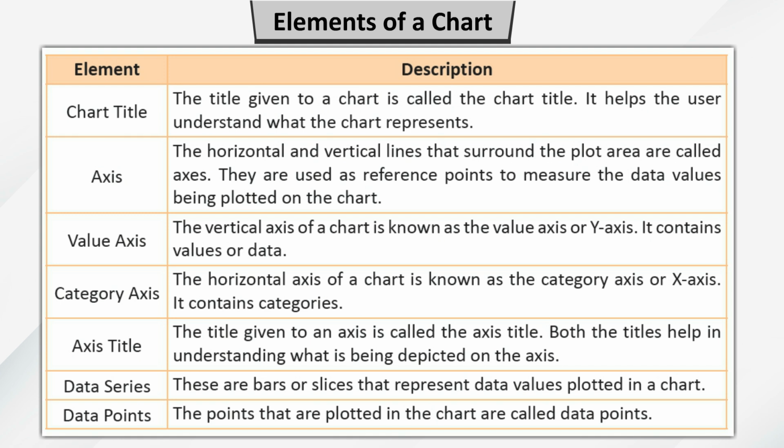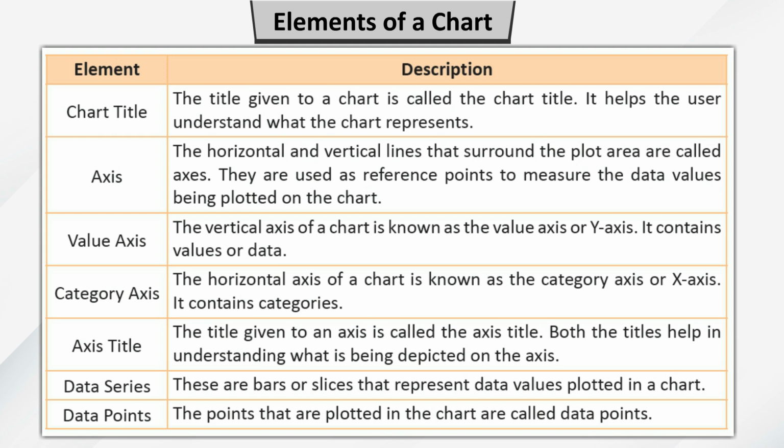Chart title: the title given to a chart is called the chart title. It helps the user understand what the chart represents. Axis: the horizontal and vertical lines that surround the plot area are called axes. They are used as reference points to measure the data values being plotted on the chart.